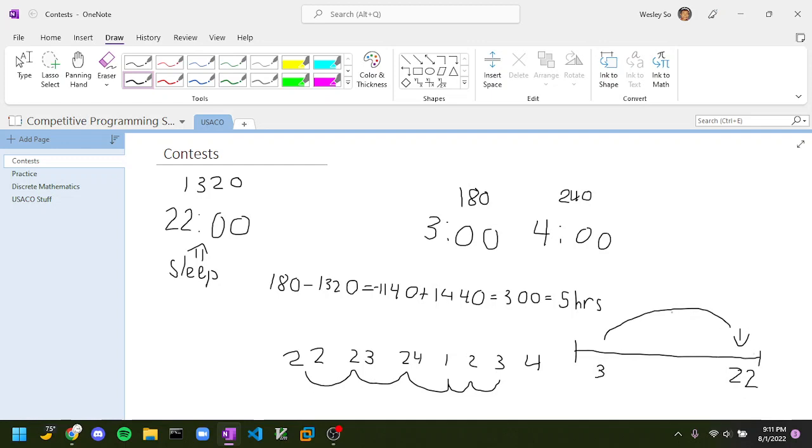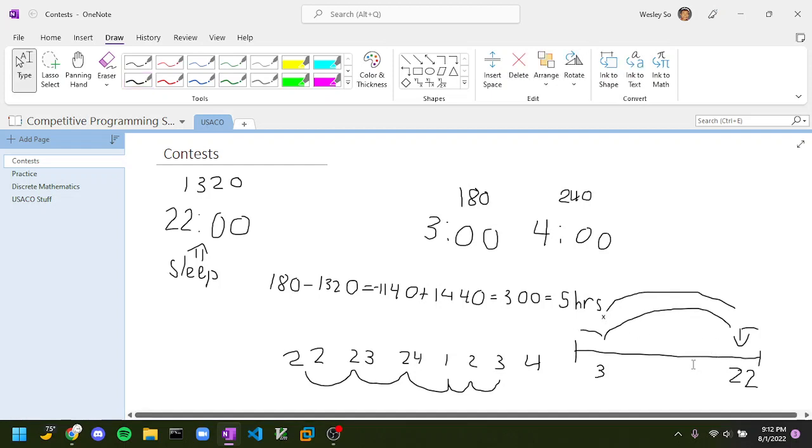If you add 24 hours to it, it covers the gap that I was talking about, and also this portion, which is between the gaps, between 22 hours and 3 a.m., which is exactly what you want.